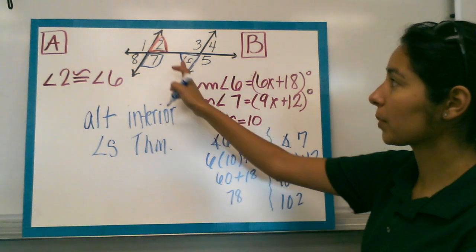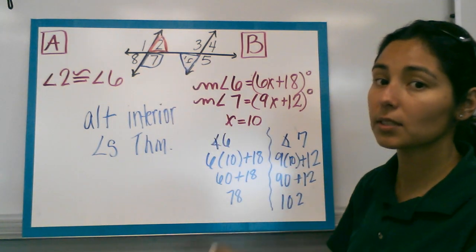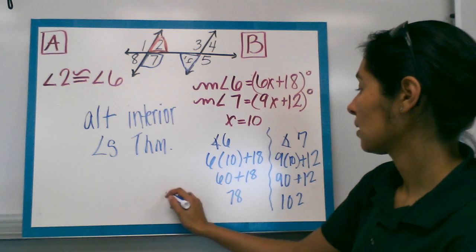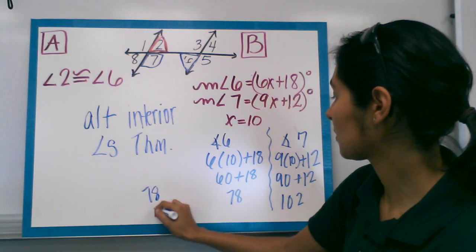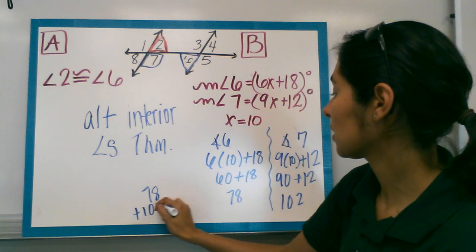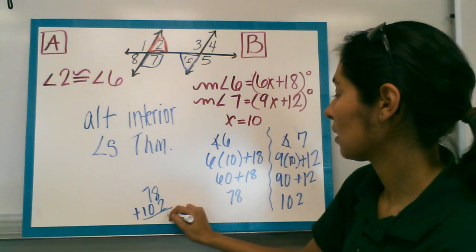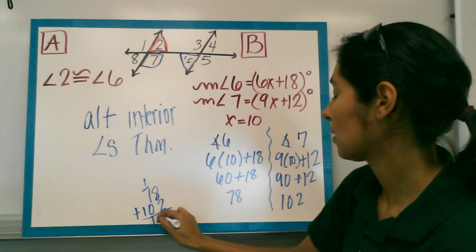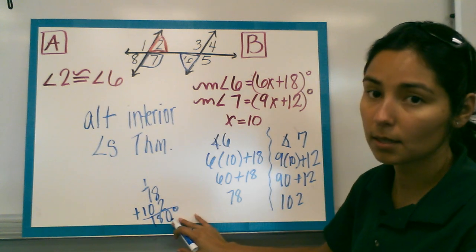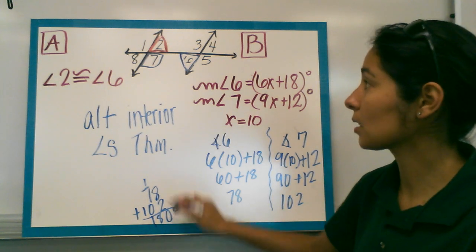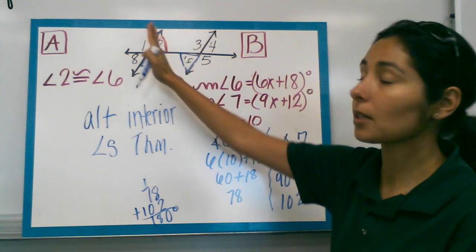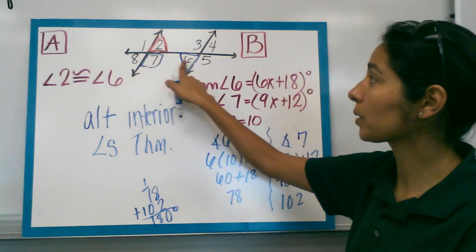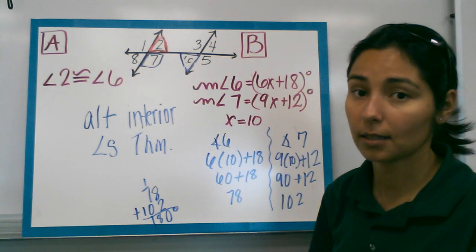They're not the same, but they're same side interior, so I have to see if they add up to 180. I have 78 plus the 102. 8 and 2 is 10. That's 180 degrees. Because it's 180 degrees, same side interior angles tell me that these lines are parallel, because 7 plus 6 is adding up to 180.